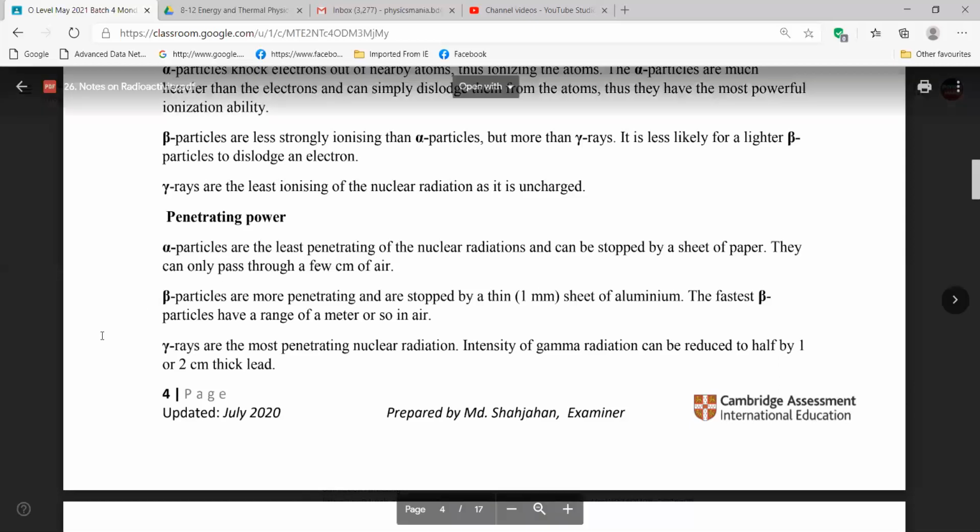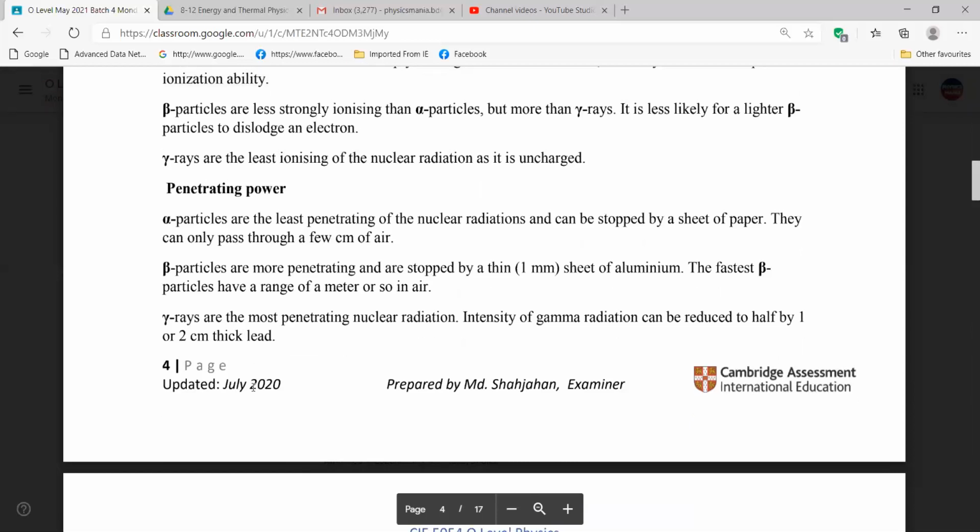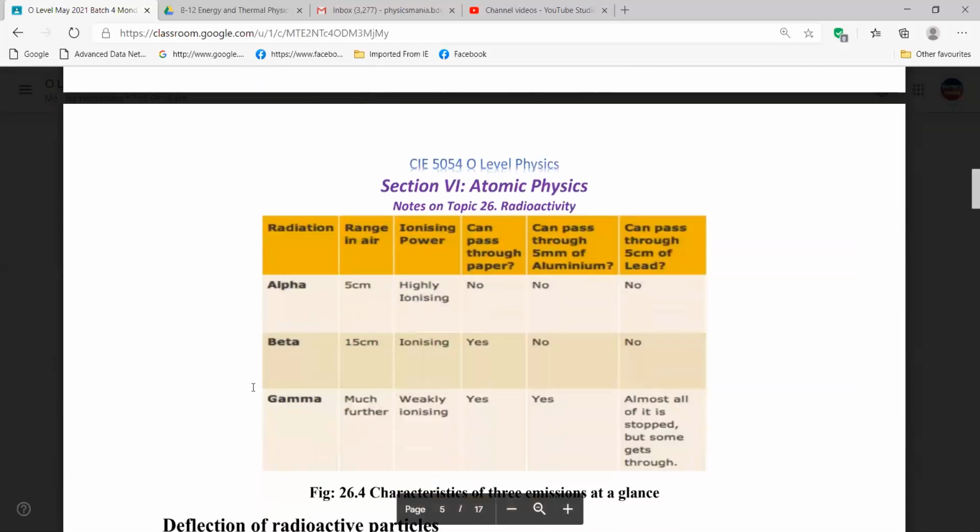Okay, remember this one. Then gamma rays can be stopped by lead, right? Can be reduced to half by 2 centimeter lead. If you give more, it can be reduced to a negligible amount, so much reduced that it is fairly enough to say stopped.